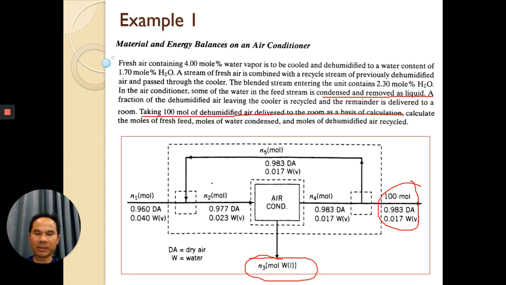N2 is the amount of feed to the air conditioner, which is the mixture of recycle and fresh feed. N3 is the amount of water condensed. N4 is the amount of stream out of the condenser. And N5 is the amount of stream recycled.